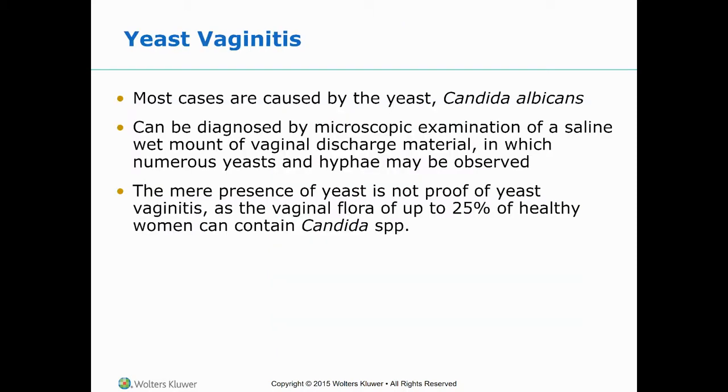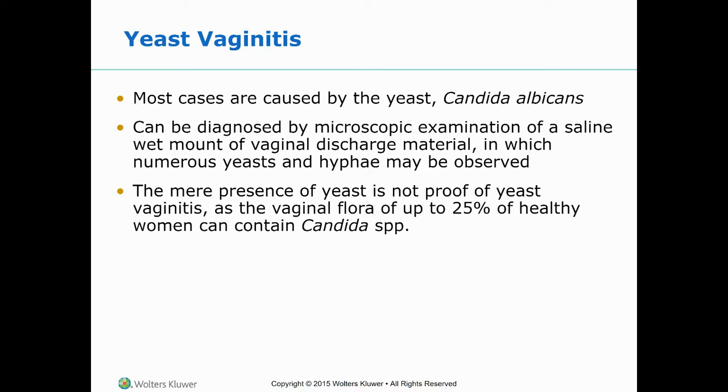Okay, in addition, you have yeast vaginitis. Essentially, this is what we more commonly call a yeast infection, and it's found within your vagina. It's, again, caused by Candida albicans. So they're not just found in your mouth, they're also found down in the vagina area as well. Pretty much Candida albicans can be found anywhere you have a mucous membrane or mucous lining of some sort where you have normal flora, because they're a part of your normal flora.